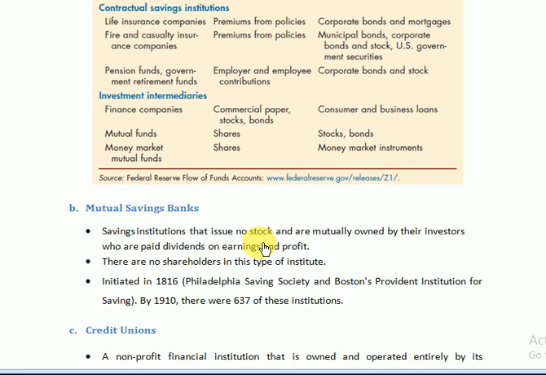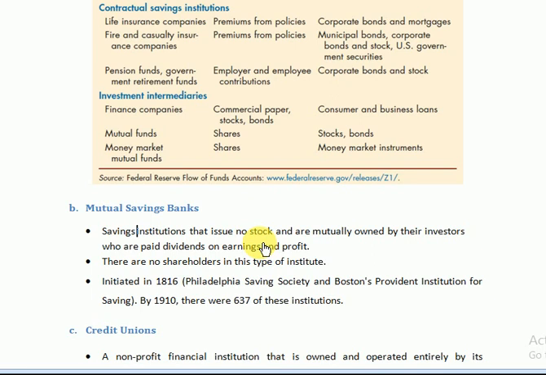These mutual savings banks obtain funds through savings deposits. They are also called shares, in which way they are accepting the deposits, and they accept time and checkable deposits as well.